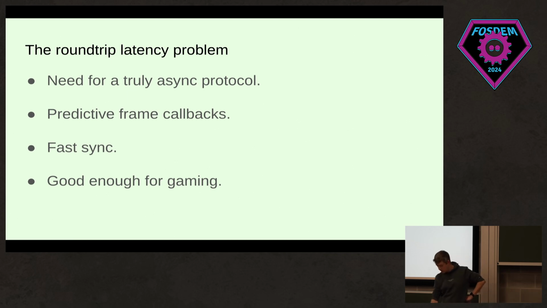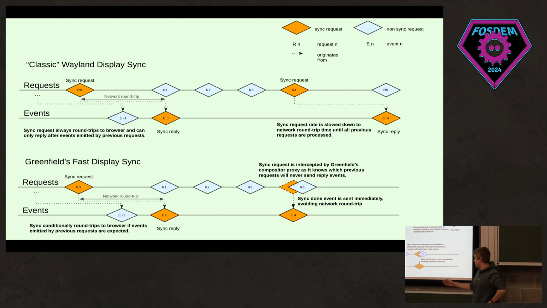So to deal with that, as I just explained, there is the predictive frame callback. This is how we deal with the sync request issue. This is a complex picture, a bit out of scope to go too much in detail. But what generally happens is that the proxy compositor on the native side analyzes all requests that come in.